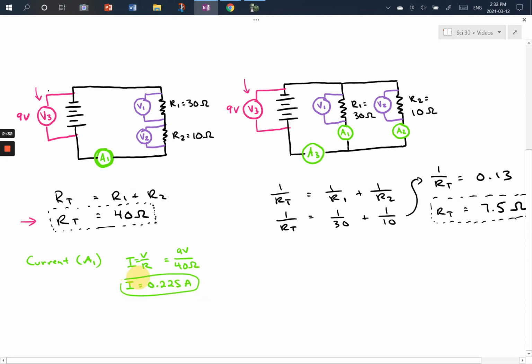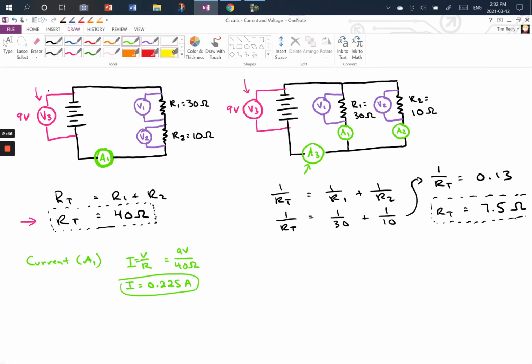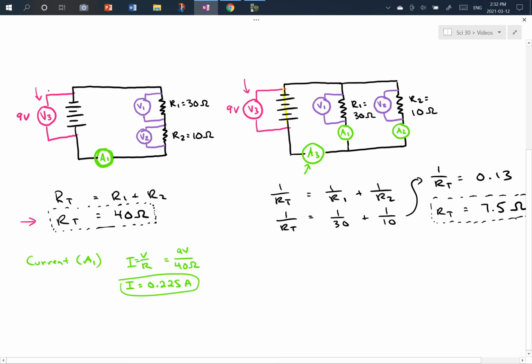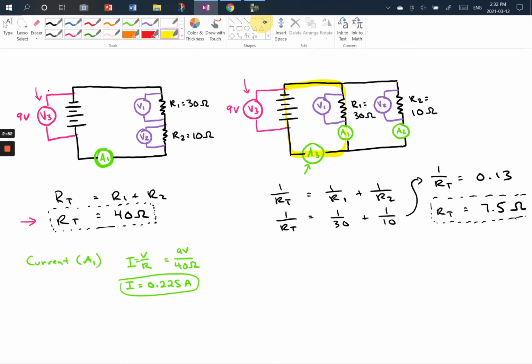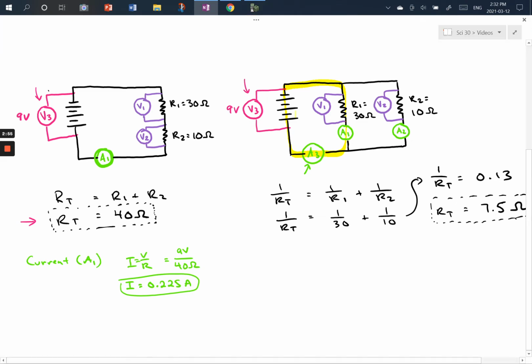Now, moving over to the right, to the parallel circuit, I have 3 different ammeters. If I want to measure the total current, I'm going to use A3 here, because if I trace the pathway of electricity through these 2 parallel branches, I can see that there's overlap where A3 is.